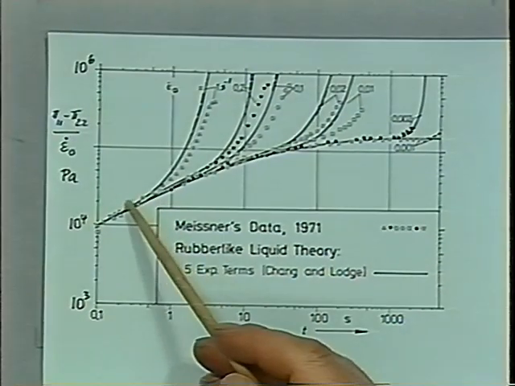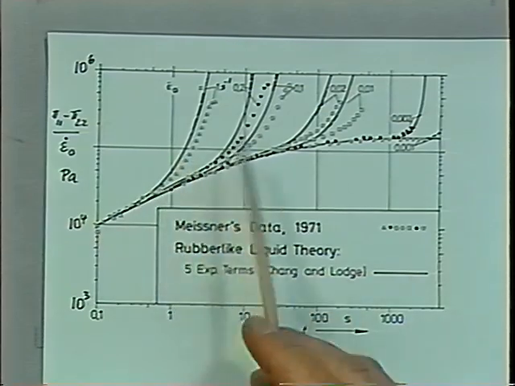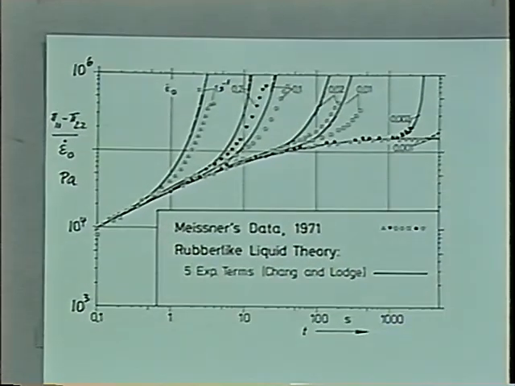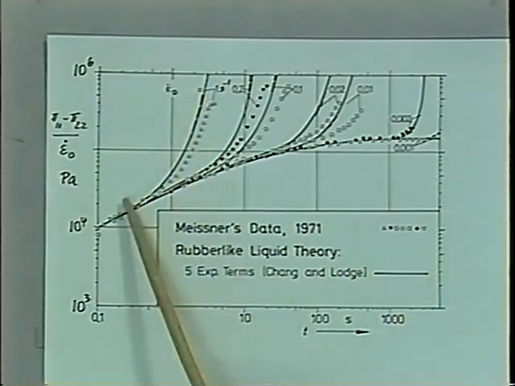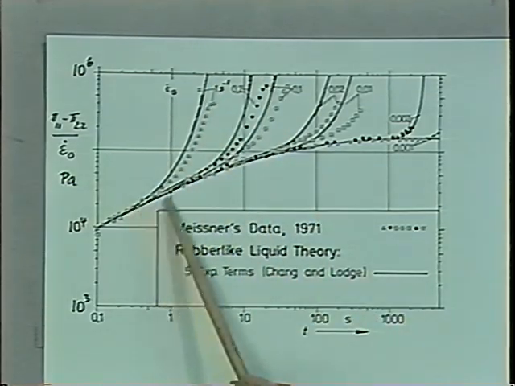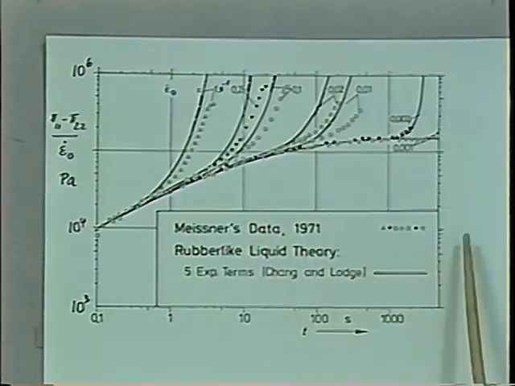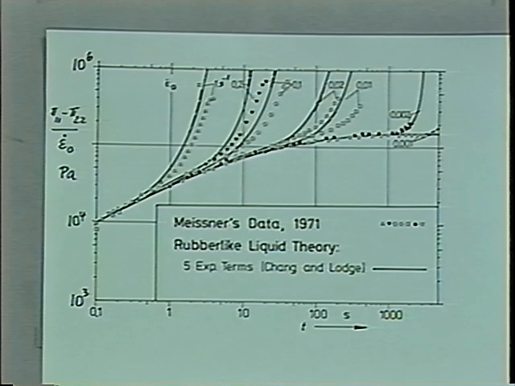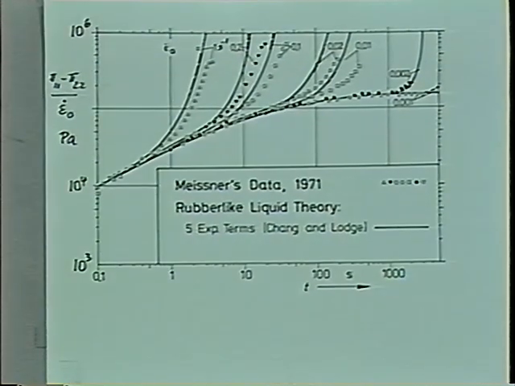And this is shown in Meissner's data. When you look at his data, at the highest extension rate, the stress is increasing normally, and then it will diverge at a certain value where the time is large enough. So you see those fast diverging time functions or more slowly diverging time functions. And if the extension rate is really very, very low, then it doesn't diverge, and it's all acting quite normal.